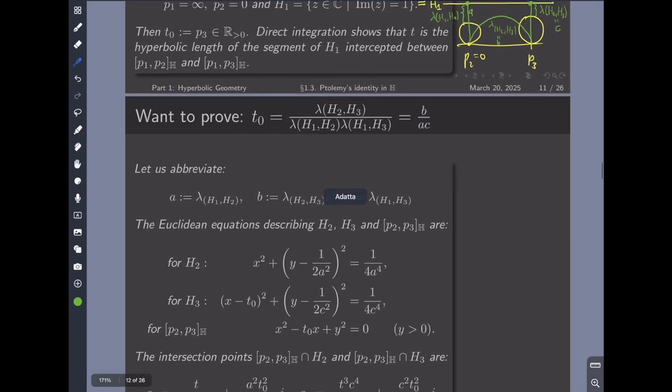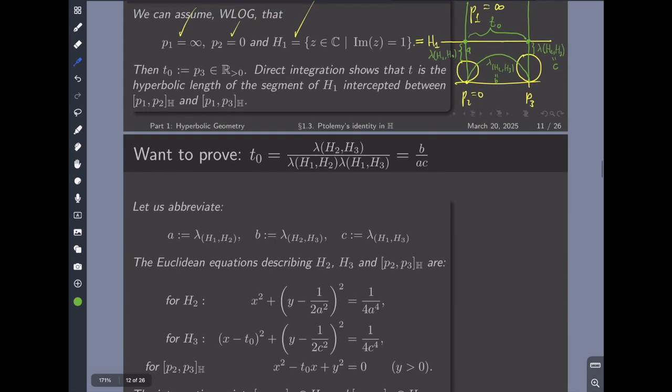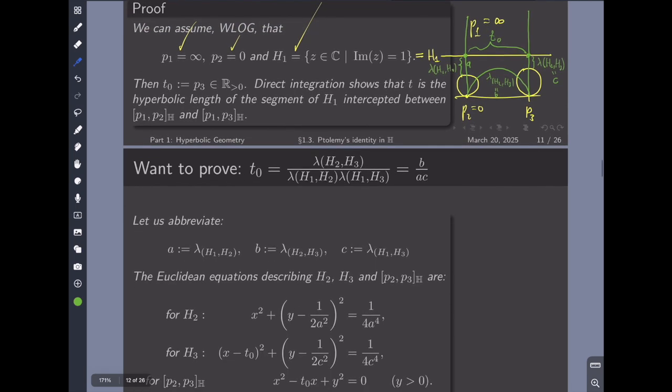Okay. Now the idea is what? The idea is that now I have a Euclidean configuration that is completely tractable. It may be tedious, but tractable.